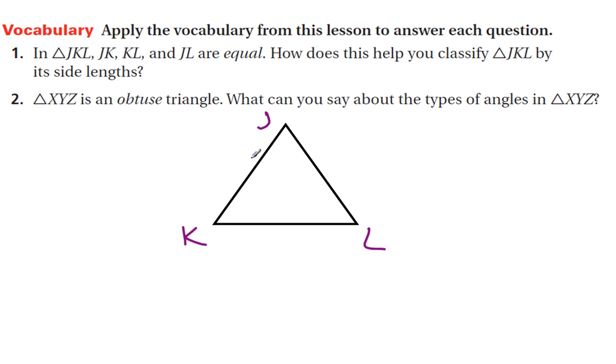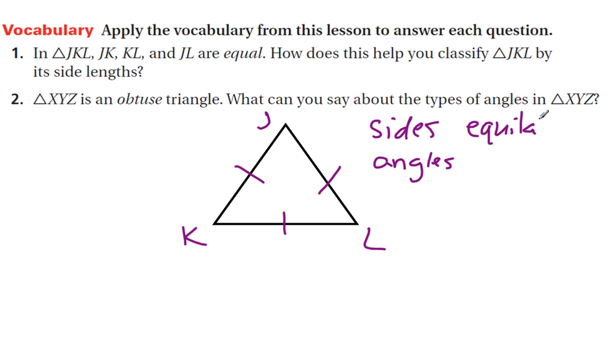So JK, KL, and JL are all equal. How can we classify this? Well, we can go by sides, and then we can go by angles. So if we go by sides, all the sides are the same, so this gets to be, that's right, equilateral. I think I spelled that right.